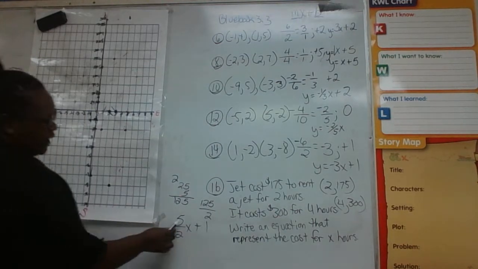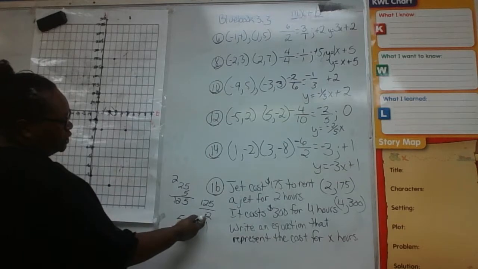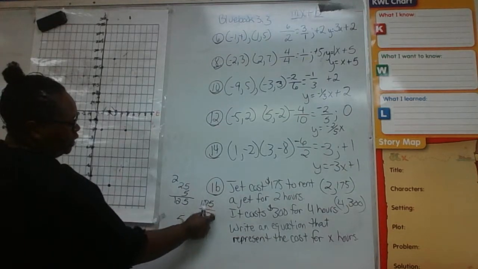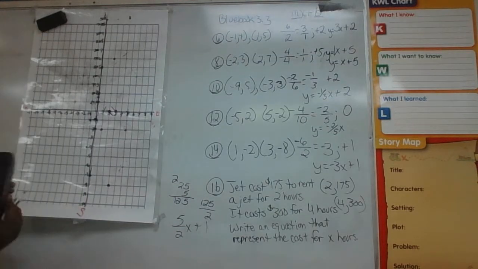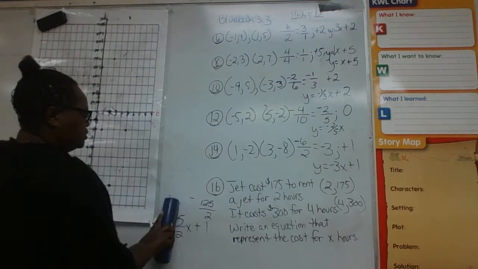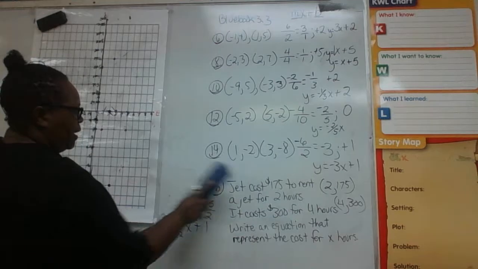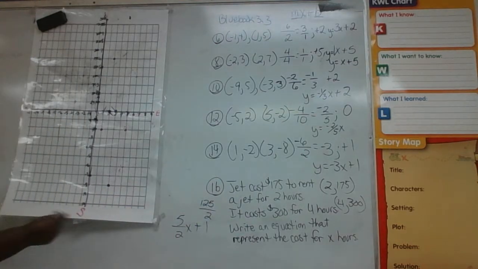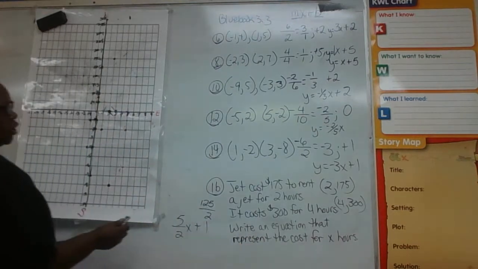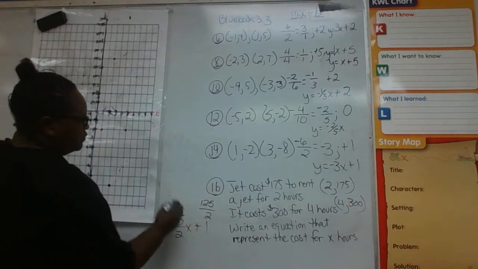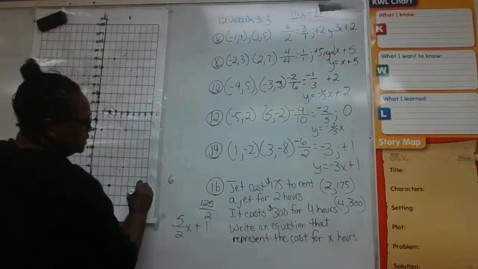Remember the 5 is worth 125, so what they did was create a decimal. They did not leave it in fractional form. Because we are talking about money, you want to write an equation that represents the cost. So how many 2's are in 125? We have 62.5.